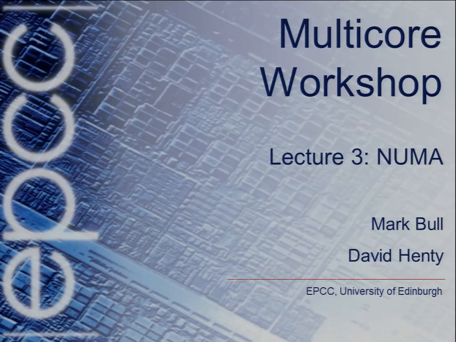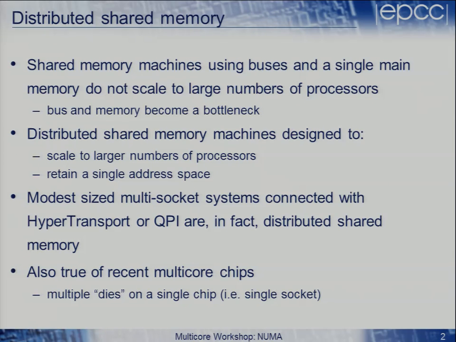The Altix is still going with hundreds of cores, and this is how it works. The main point is that the classic snoopy protocol, where everybody monitors all the accesses on the bus, doesn't scale. Both the bus itself and the memory become a bottleneck. So using buses and a single main memory doesn't scale to a large number of processors.